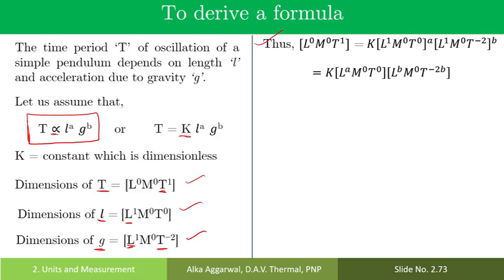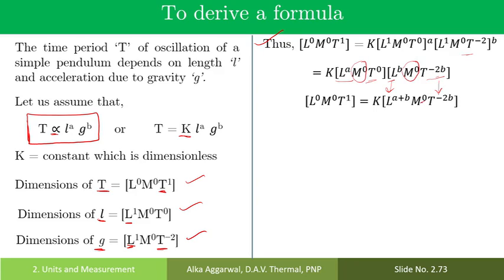Now, multiplying L by a gives L^a, and L by b gives L^b. T^-2 by b gives T^-2b. Now collect the powers of L, it becomes L^(a+b). Collecting the powers of T, it becomes T^-2b. Collecting the powers of M, it remains M to the power 0.